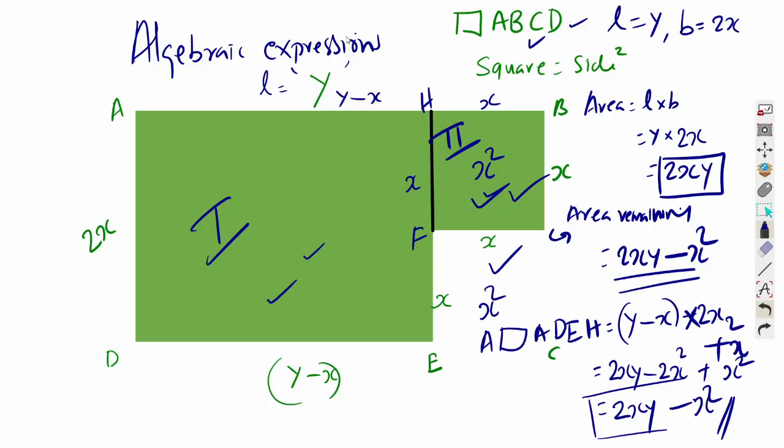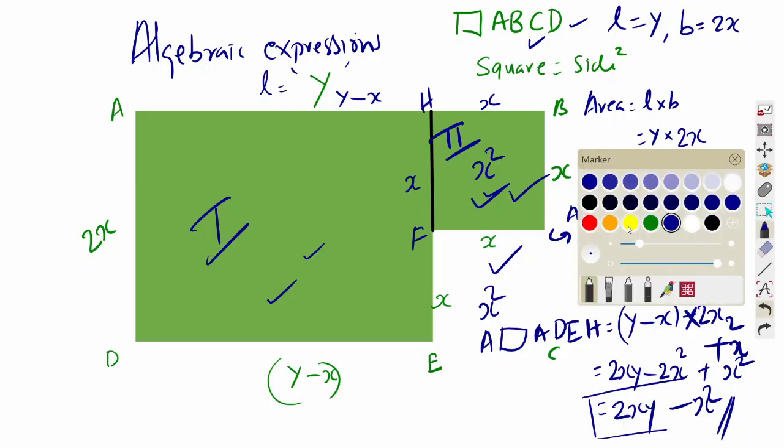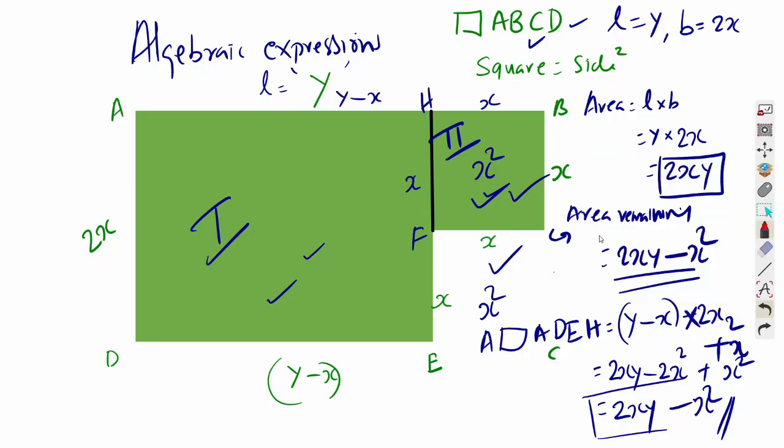What we used is algebraic expression, and we are getting the answer in the form of algebraic expression itself. For example, the first method we got 2xy minus x square, the same answer we got in the second method. In both methods we were using expressions to find the area of the given figure.